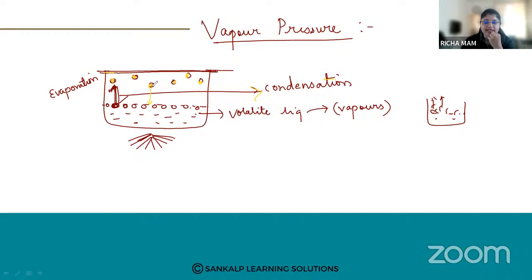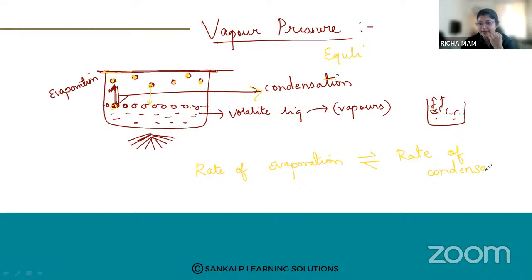Whatever pressure is exerted by the vapor of the liquid on the surface of the solution or liquid, when an equilibrium is established. What is this equilibrium? As the molecules are converting into vapors, at the same time they are coming back, condensation is taking place.